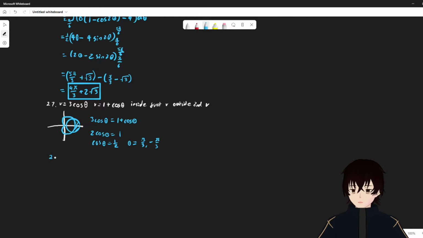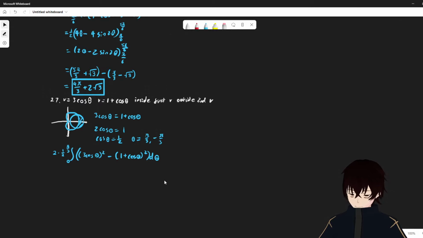Therefore, we can do 2 times, use symmetry to our advantage, integral from 0 to pi over 3 of outside, 3 cosine theta squared, minus inside, 1 plus cosine theta squared, d theta. Symmetry.